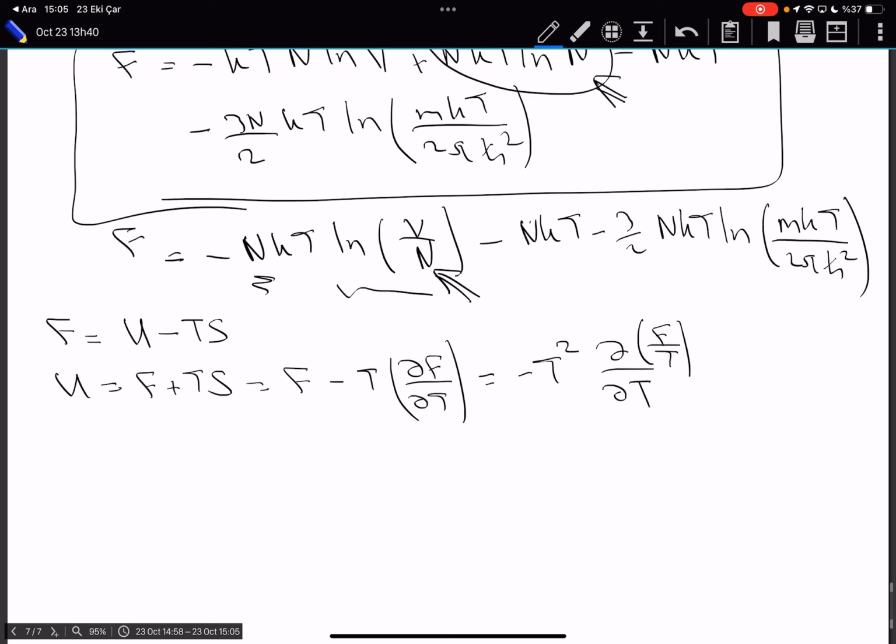Well, if I divide by T, the only T-dependent term is this logarithm, because all the other terms have the T as a product and nowhere else.